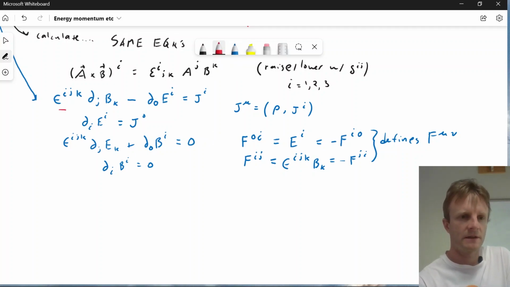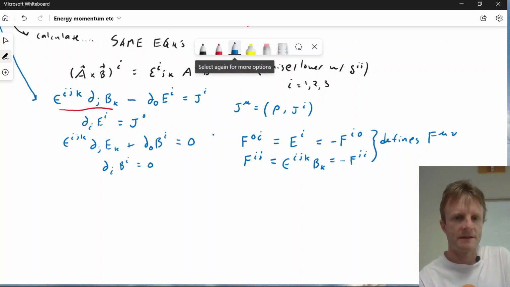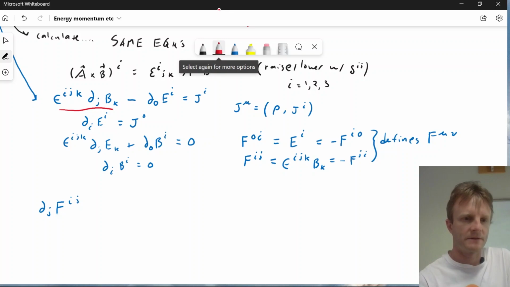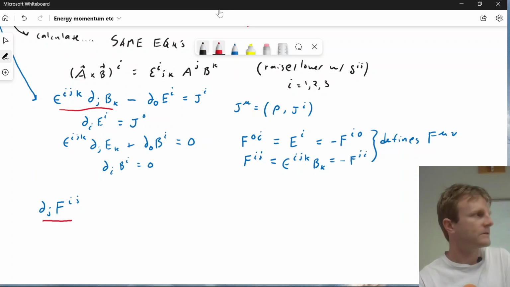So this thing in red is going to be the same thing as Fij, but there's a derivative here. So if I imagine pulling the epsilon in, this will become del j Fij. That's what happened to the red term. Okay. So you see that by, did I do something wrong?